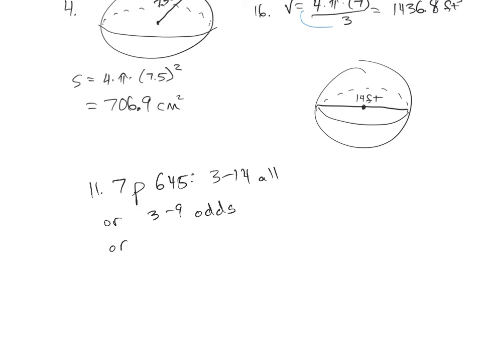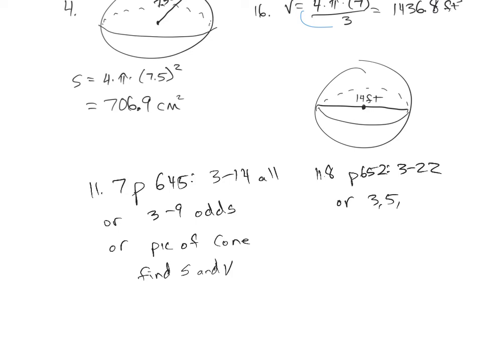Or you can take a picture of a cone and find surface area and volume. In 11.8, the problems are page 652, 3 to 22, or you can do problems 3, 5, 13, and 15. Or a picture of a ball and find the surface area and volume.